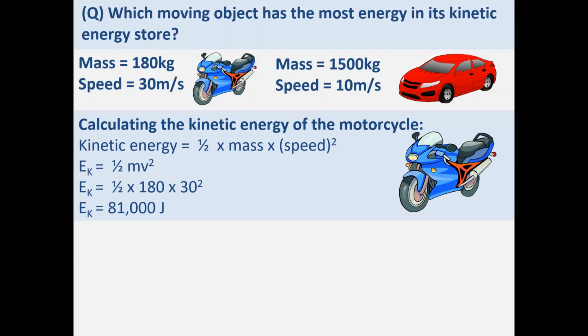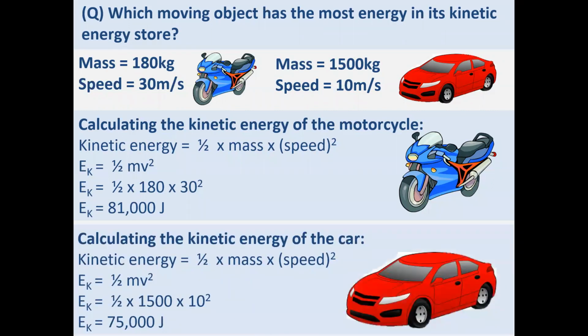So if we were to calculate the kinetic energy of that motorcycle using the equation, kinetic energy is half times mass times speed squared, you would see that 0.5 times 180 kilograms times 30 meters per second squared would give a total kinetic energy of 81,000 joules.